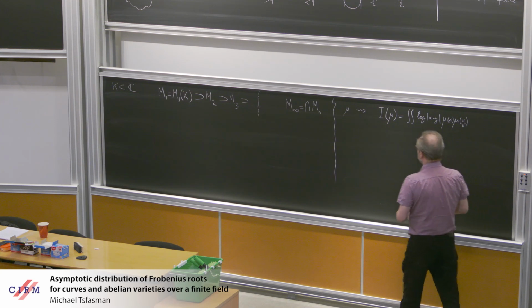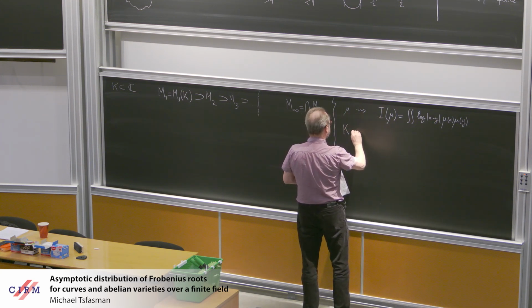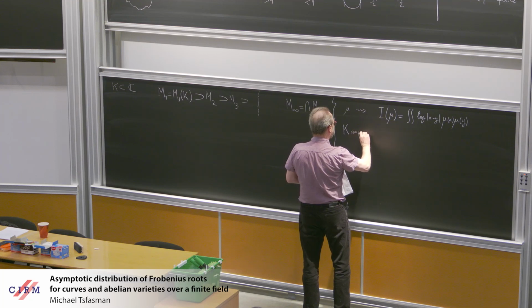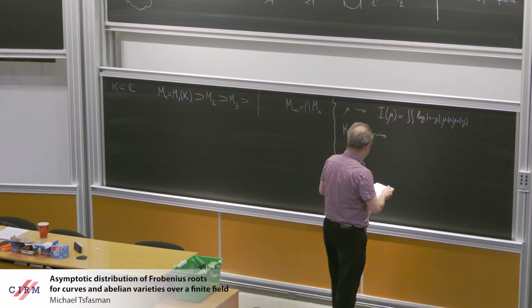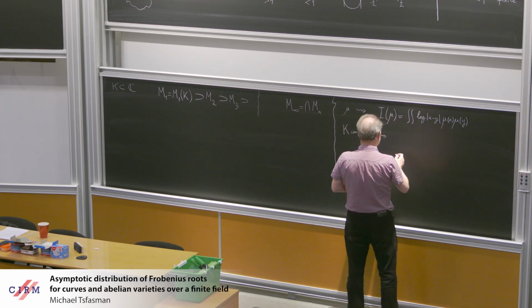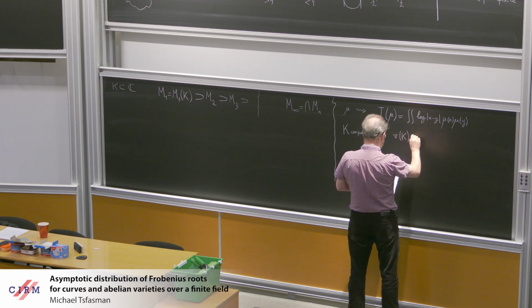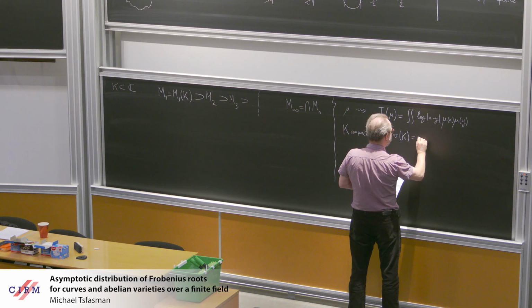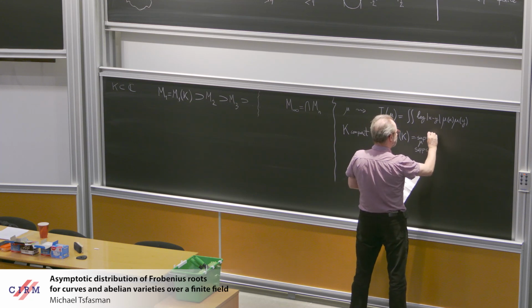And now, for a compact K, I'll define V of K as the supremum over all measures supported in K of this integral I of mu.